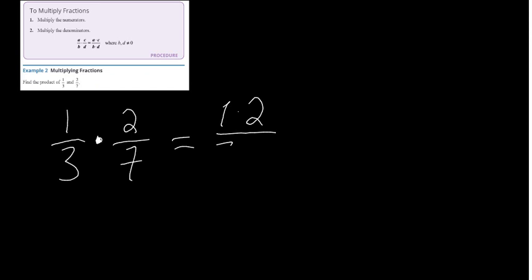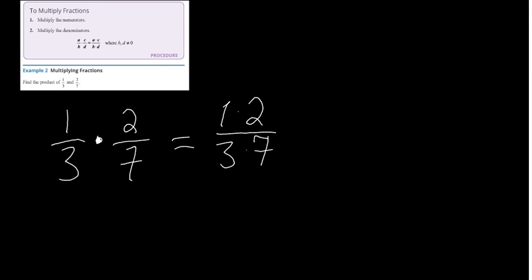With this particular problem, we have 1/3 times 2/7. The way this tells us we should do it is to say 1 times 2 over 3 times 7.